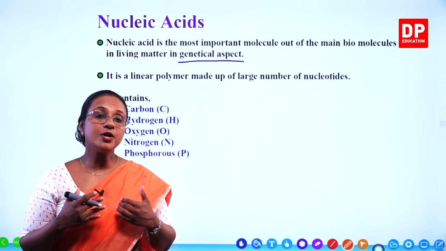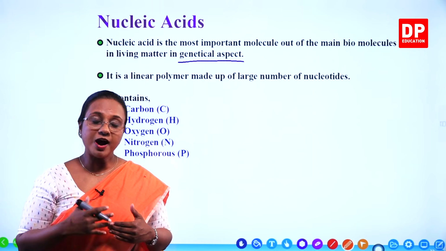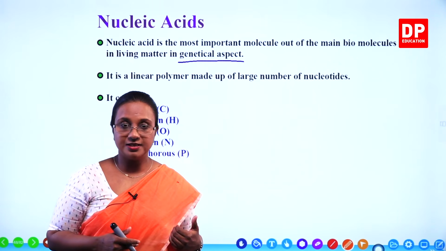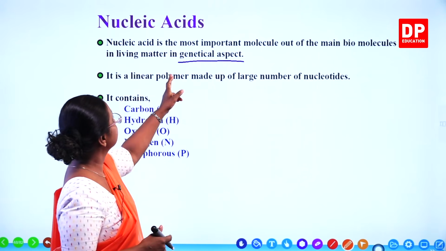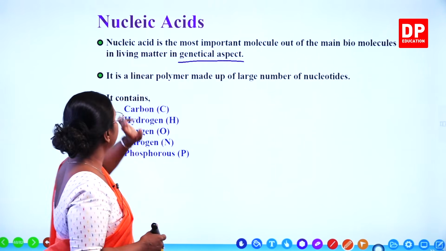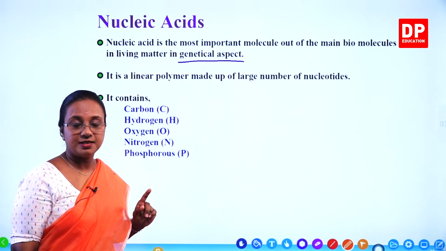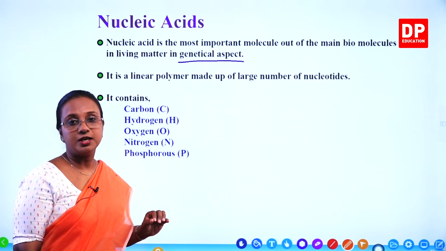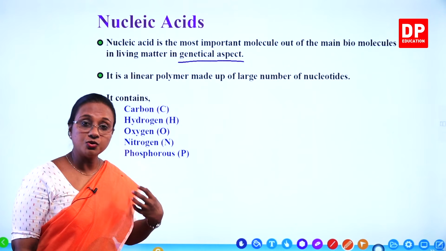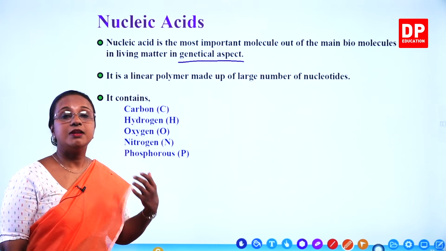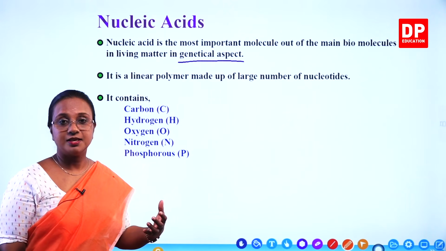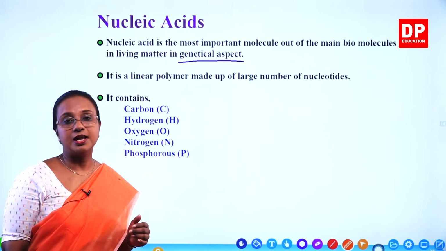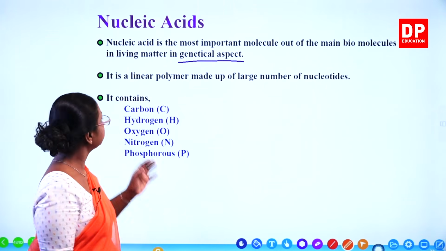So, this transfer of characteristics from one generation to another is known as genetics. And this is the genetical aspect of nucleic acid, because nucleic acids are the biomolecules that are going to store information related to characteristics and transfer it from one generation to another generation.